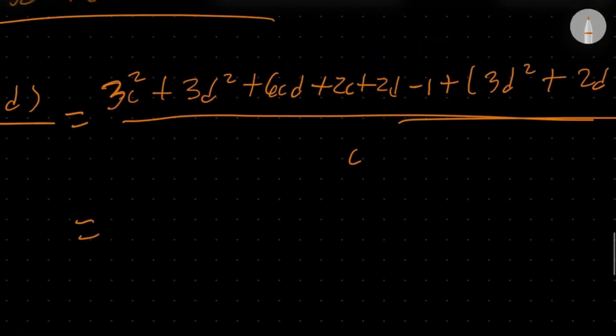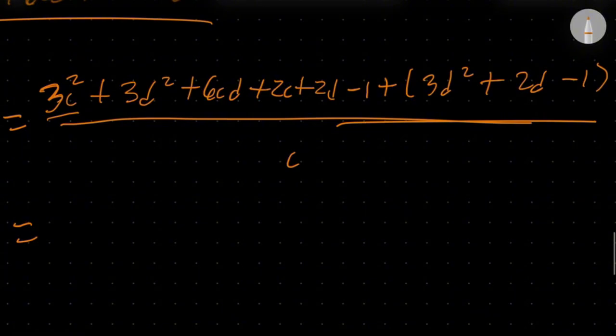Now let us add up like terms. Do we have another c squared in this equation? No, we don't, right? Therefore, we cannot add that. 3c squared stays the same.